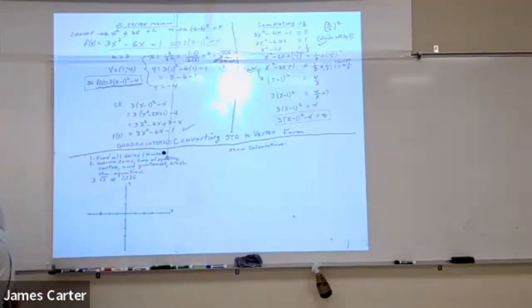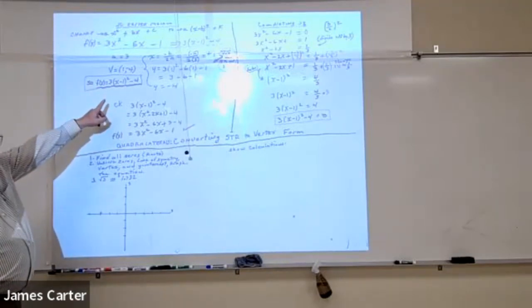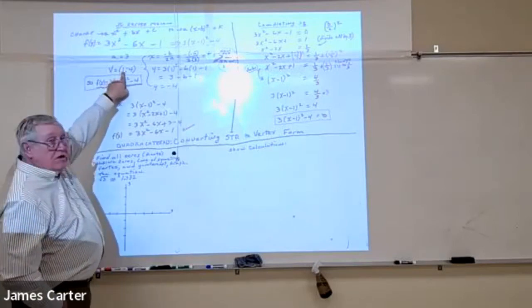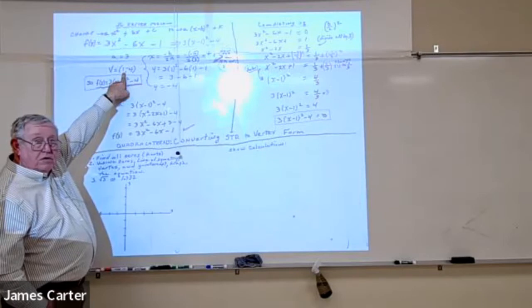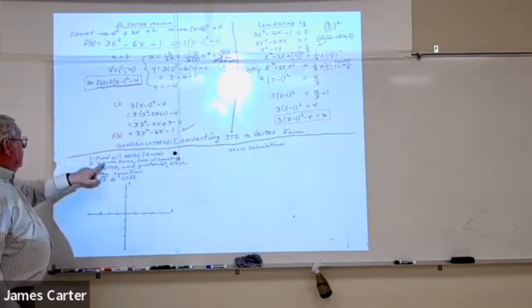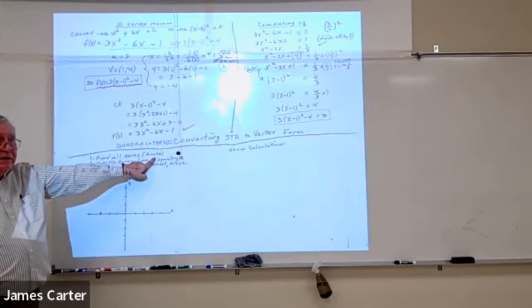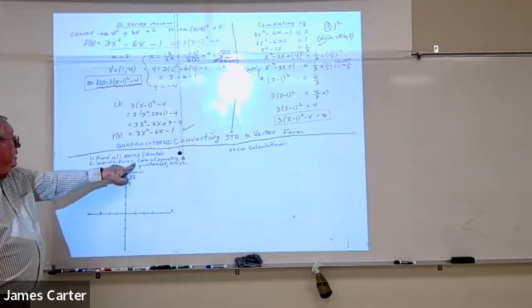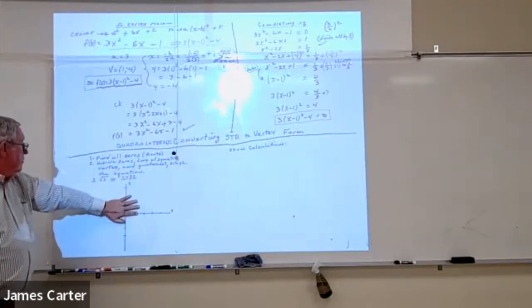Now, here's your homework. I've already found the vertex for you in this problem, and consequently, I've also found the line of symmetry for you. But what you need to do is find the x-intercepts. You need to graph all of this information right here.